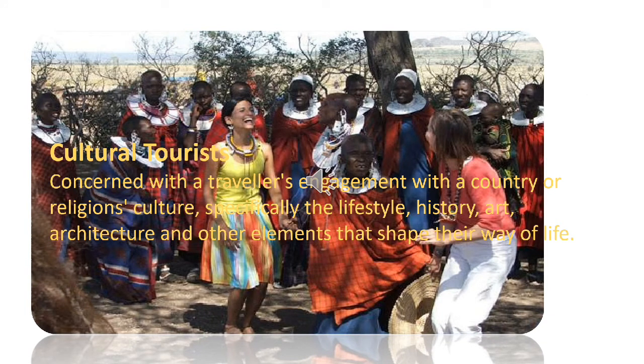Cultural tourism is concerned with travelers' engagement with the country or their culture, specifically the lifestyle, the history, art, architecture, and other elements that helped shape their way of life.